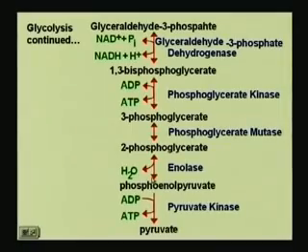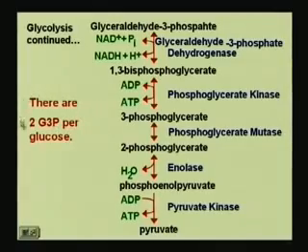Now, what we have to see is we have to do a balance of energy. We have to see how many ATPs are taken up, how many ATPs are produced, and to see whether the actual breakdown of glucose is giving us any energy at all.